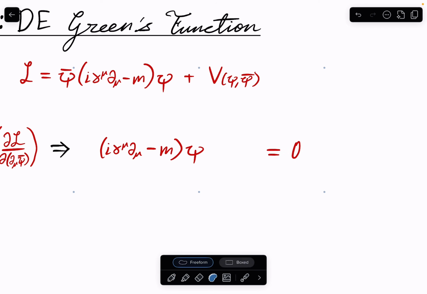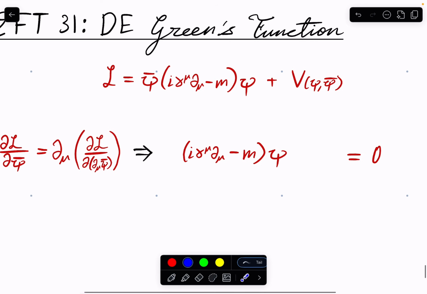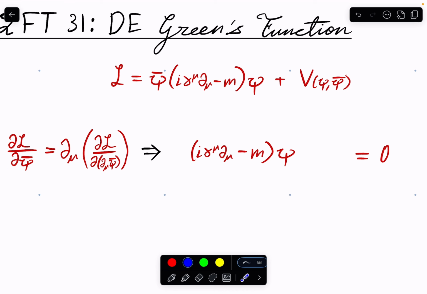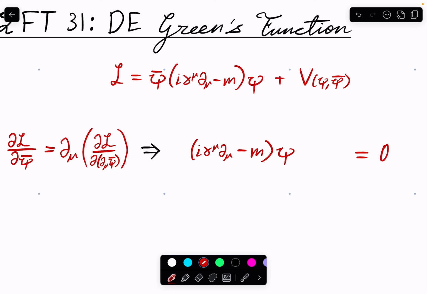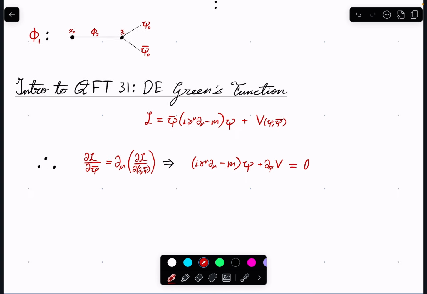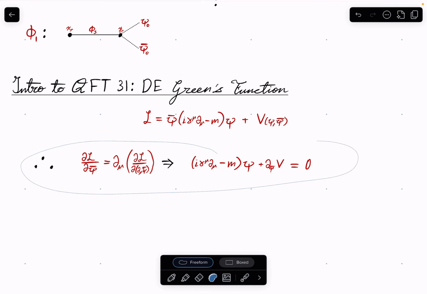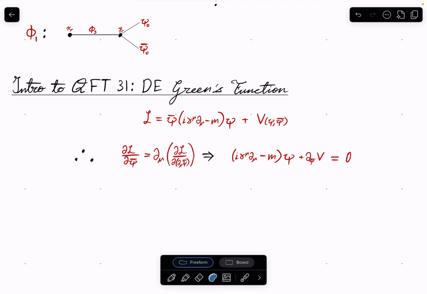Oh, and then I forgot on the left-hand side. Continuing on the left-hand side, you also have the derivative with respect to the conjugate spinor of this, so plus the derivative with respect to the conjugate spinor of the interaction potential.